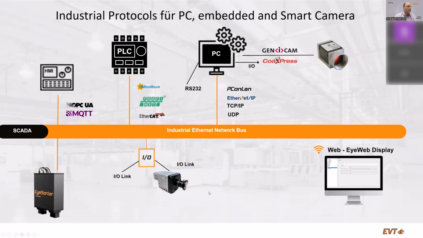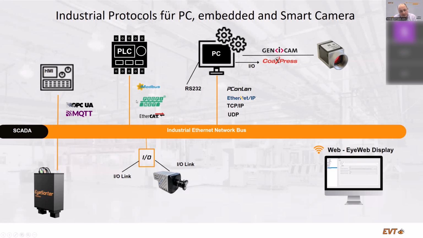Here, a short overview of all the available protocols. Here you see, of course, we have OPC or MQTT, either for the HMI or SCADA interface. We have Modbus, Profinet, Profibus, and EtherCAT to go directly to a PLC.